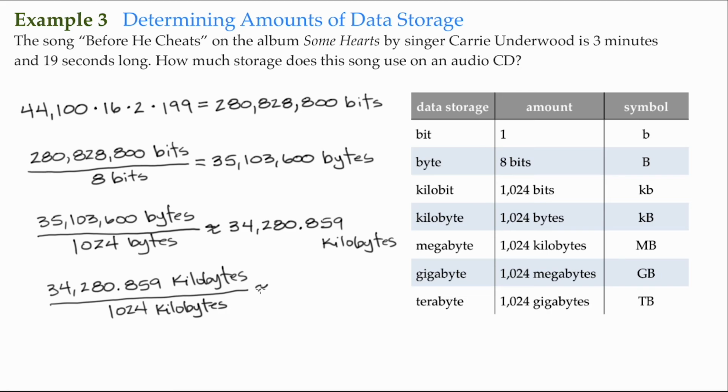And it comes out to be approximately 33.48 megabytes. So typically we would say something like the song Before He Cheats for CD quality music would be about 33.5 megabytes of usage. And there we go.